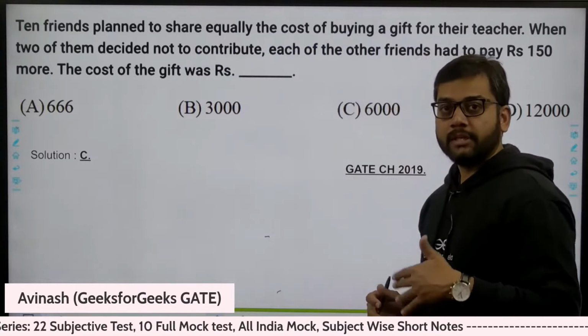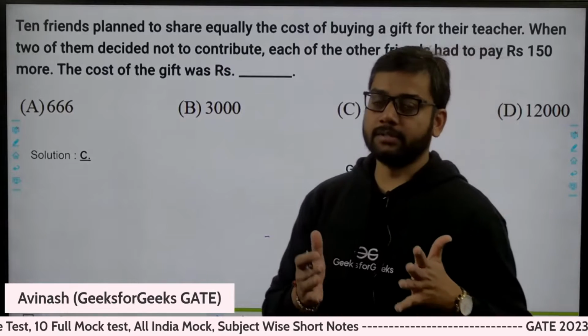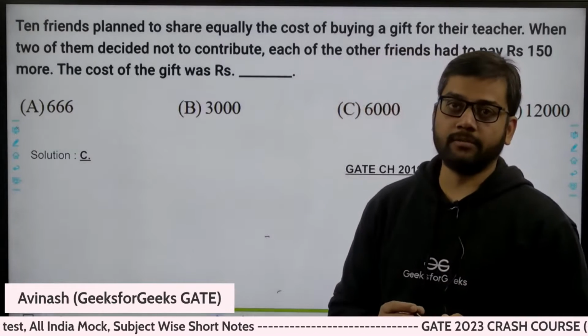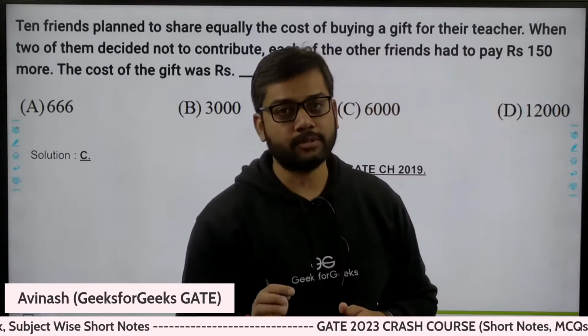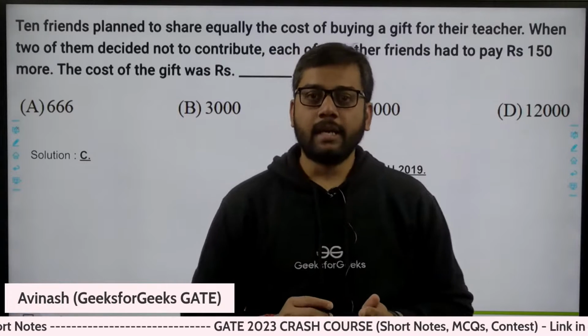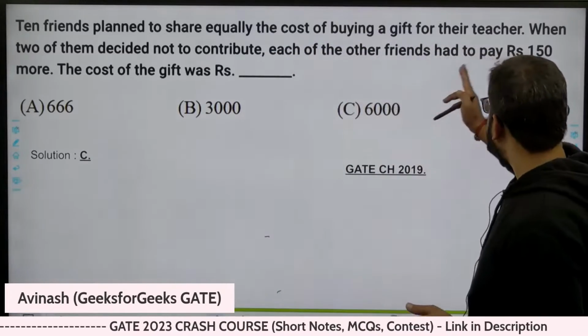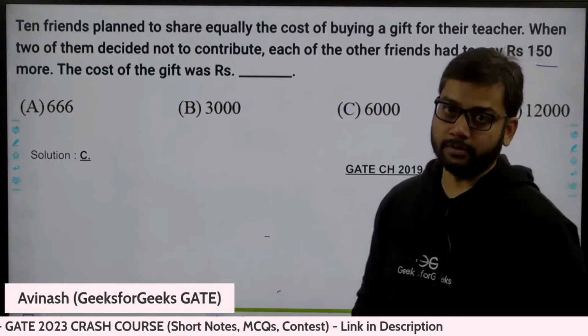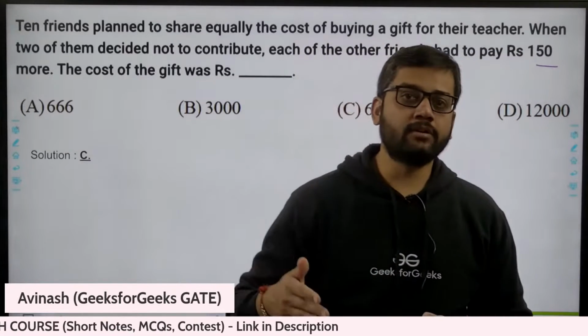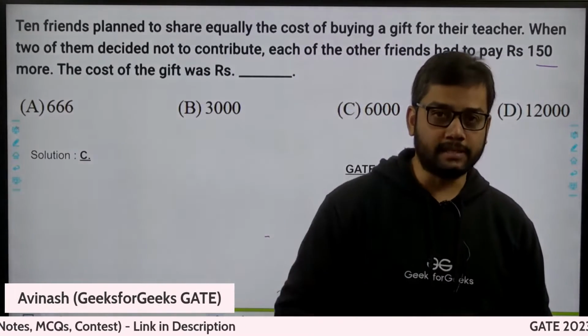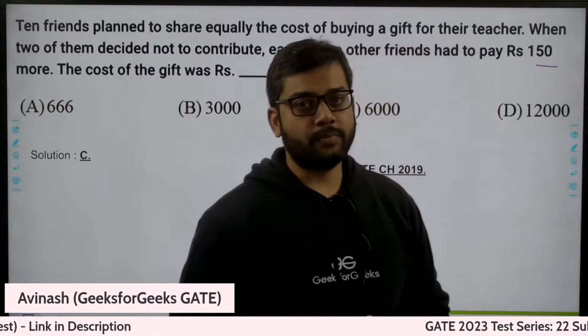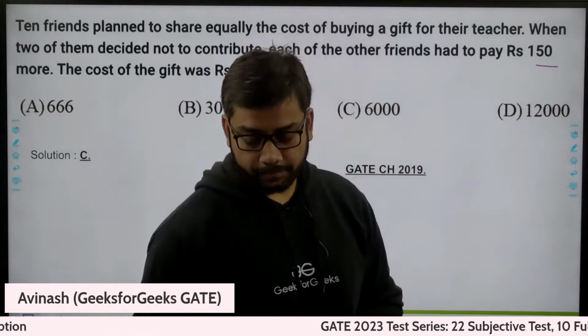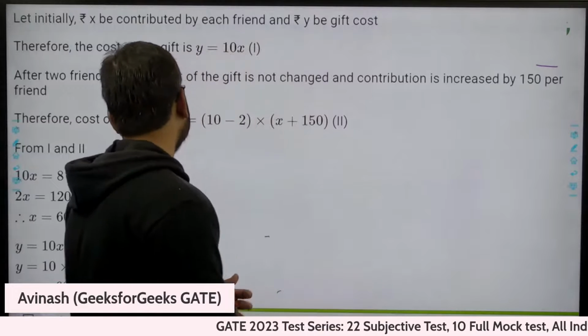Now two students are leaving, so they are not going to contribute. Now the contribution is done by 8 students, and in that case every student has to pay 150 rupees more. Definitely when the number of people who contribute is less, the remaining people have to pay more. Let's solve this question.